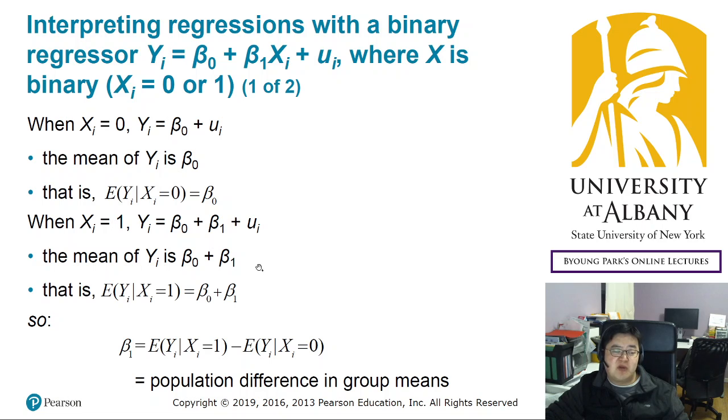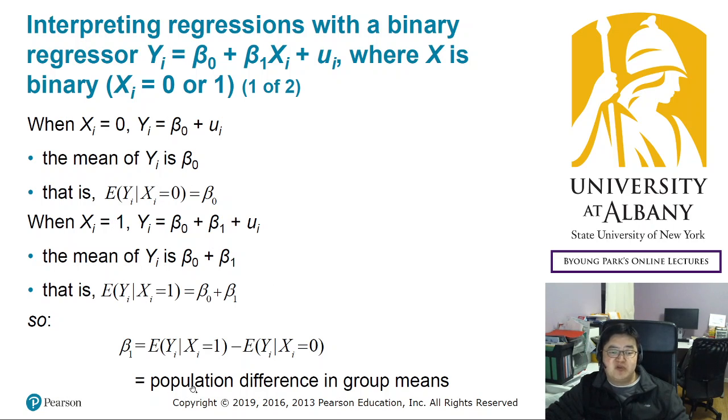Now you can interpret beta 1 based on these two definitions. Beta 1 is the difference between these two conditional expectations. So you can interpret beta 1 as the difference in group-wise means, group-wise expectations. Group x equals 1 is one group, x equals 0 is another group.